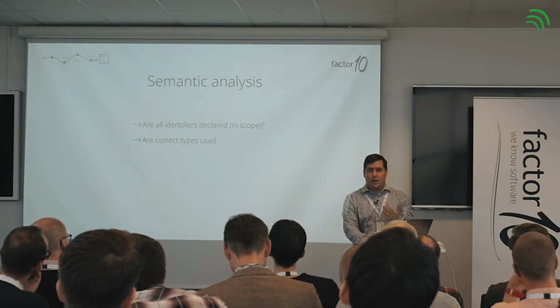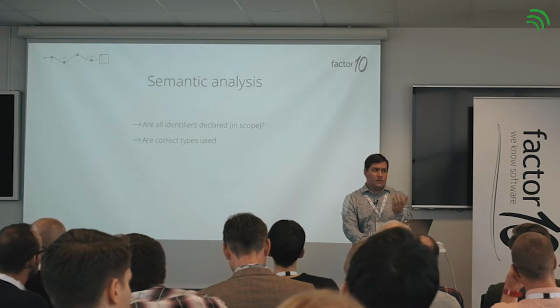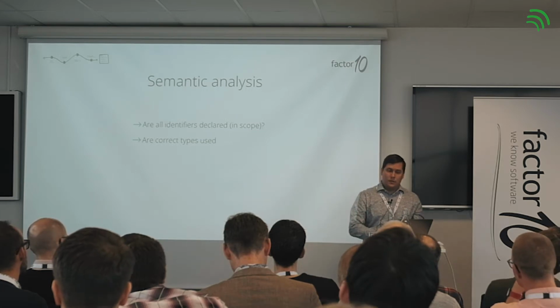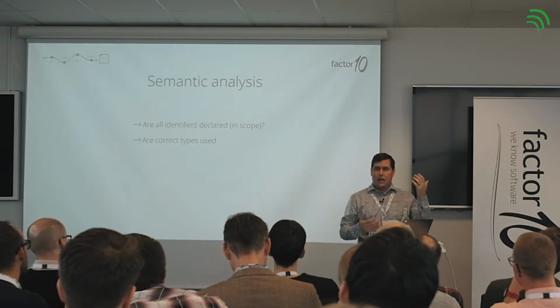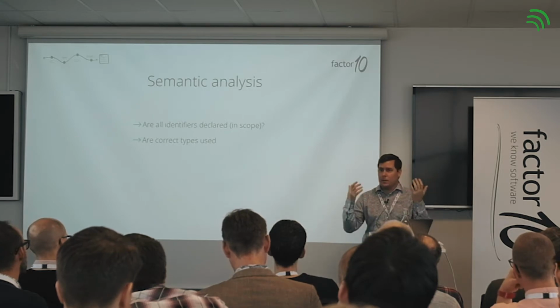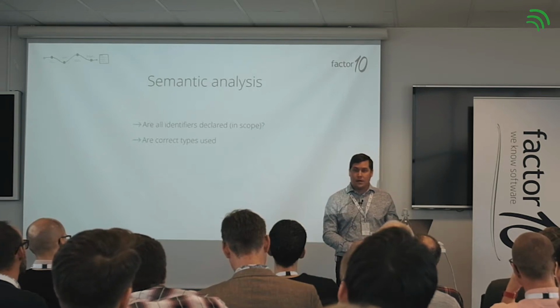If we have a typed language, you can check that, okay, is this reference of the right type to what it's referring to? If it's not, it's an error. And then you analyze your AST, which is the abstract representation of your program, together with all the symbols you have, and you use that to find errors.